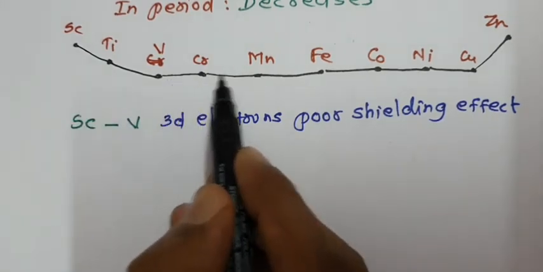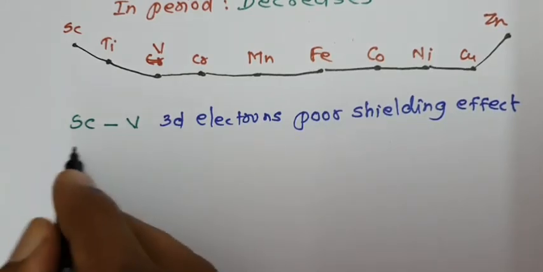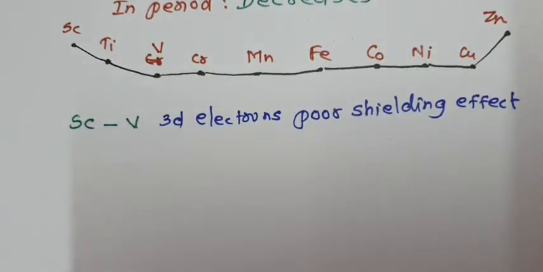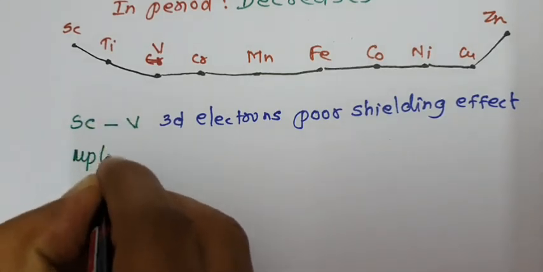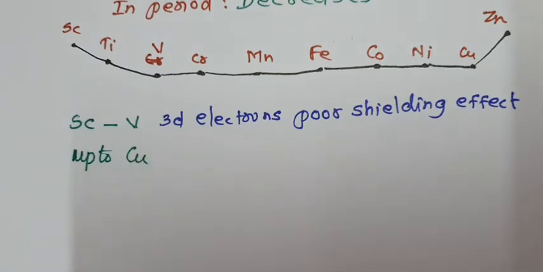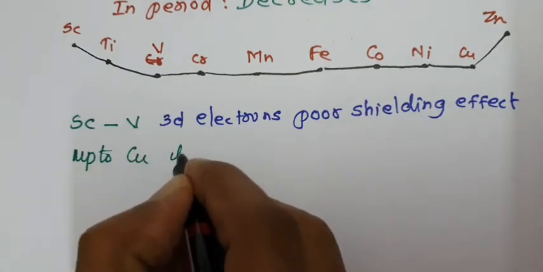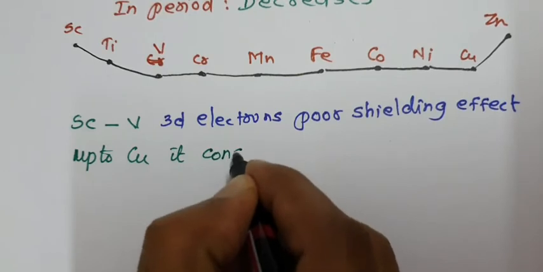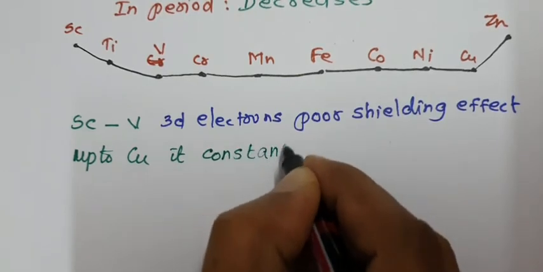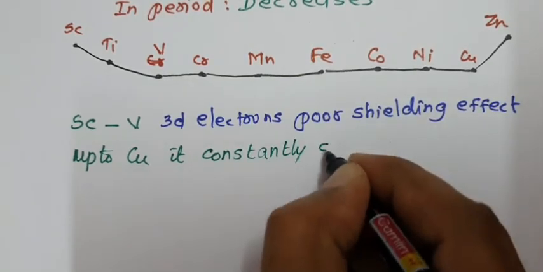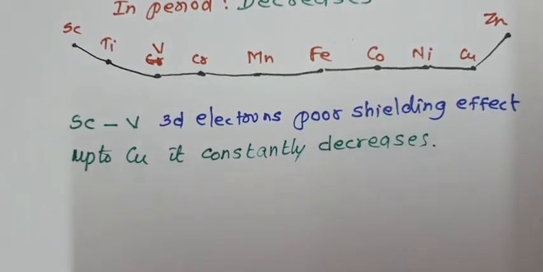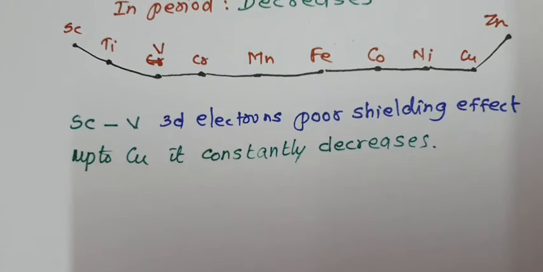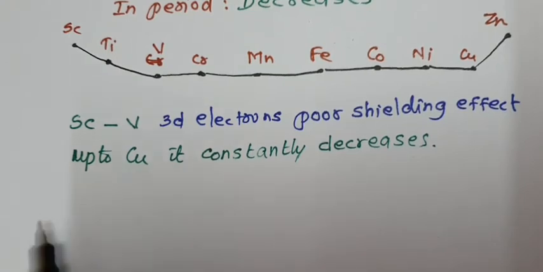What about up to copper? It steadily decreases. The atomic radius constantly decreases. There are two forces operating at this point.